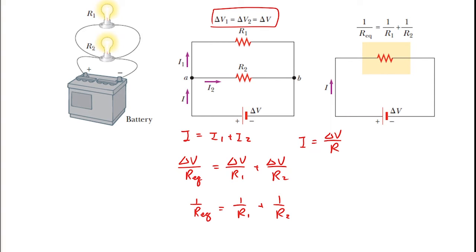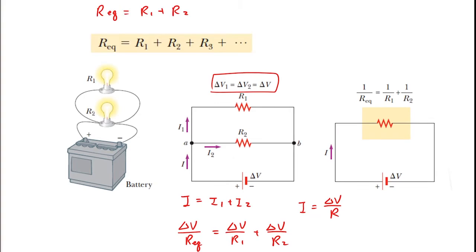Okay, now let's contrast this with capacitance. Because remember, when capacitors were in parallel, C equivalent was equal to C1 plus C2, wasn't it? It's exactly opposite.